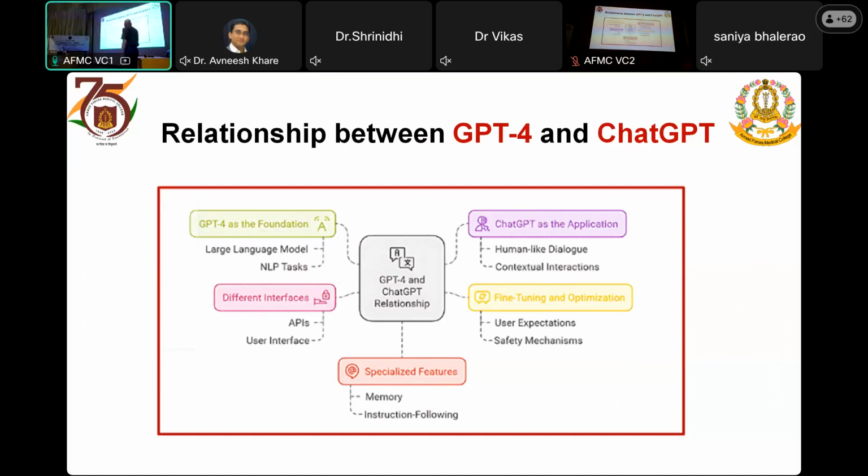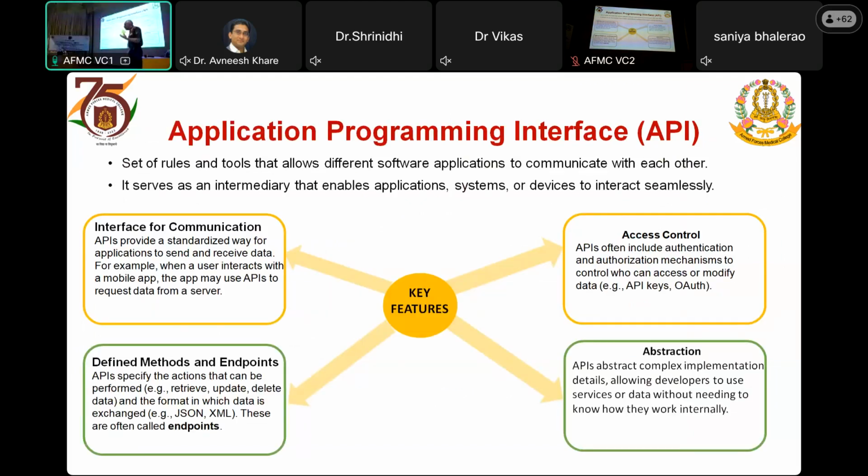So basically ChatGPT is an application which allows you to talk to GPT-4, right? And GPT-4 communicates with so many other things by what we know as API. Now, what is this API? API is Application Programming Interface. In this case, I communicated between ChatGPT and Napkin AI.